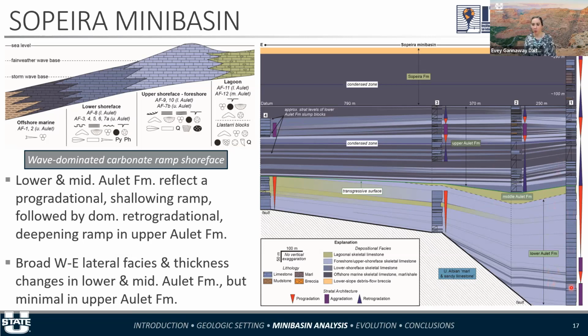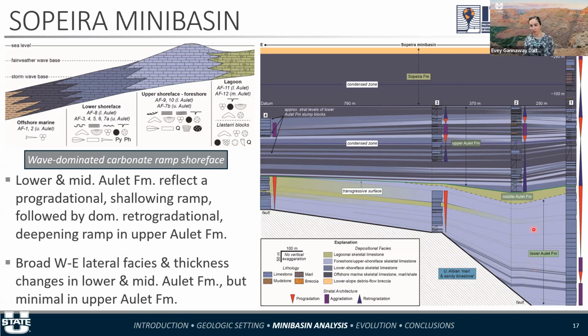So first, the lower and middle Aulet that you can see here show dominantly this progradational stratal architecture where that carbonate ramp was shallowing through time. And then that is followed by a really dramatic or abrupt deepening of the upper Aulet strata that we see through here, and primarily retrogradational stratal architecture. It's going to continue generally into this overlying Sopera strata as well.